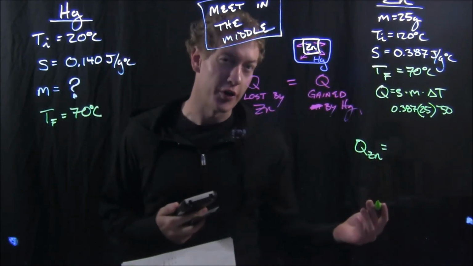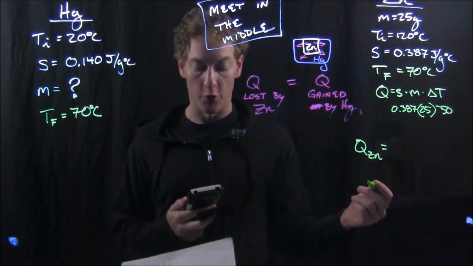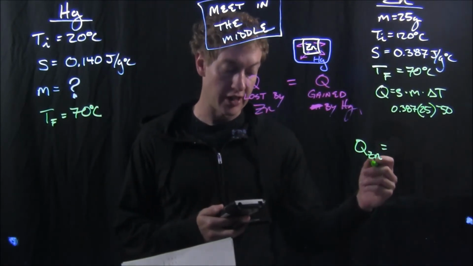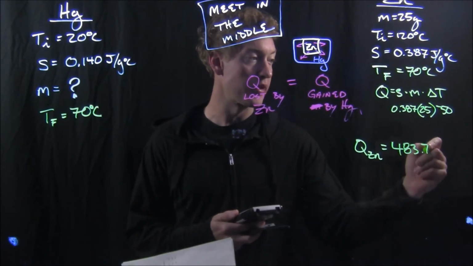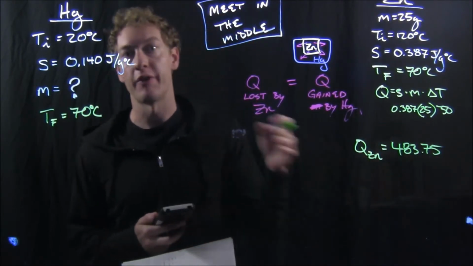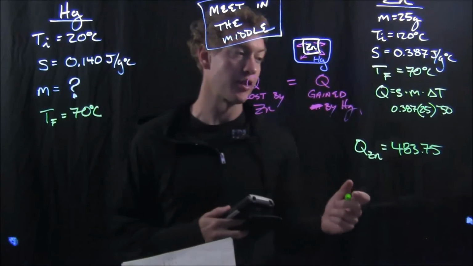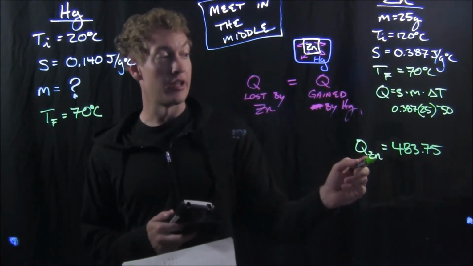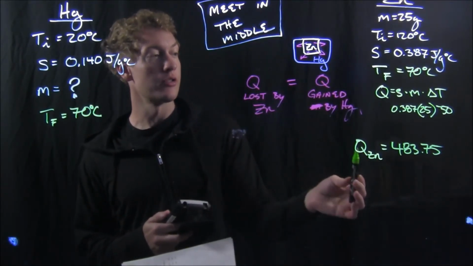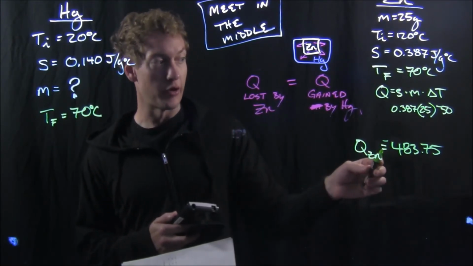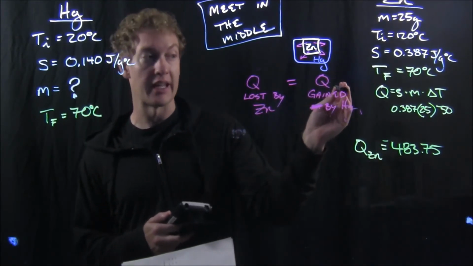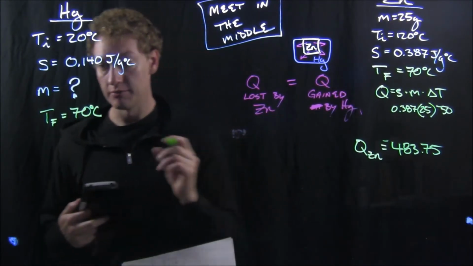483.75. If you wanted to round for sig figs now, you could call it 480. I'm going to go ahead and just keep it as 483.75, and I'll round my final answer when I get this mass over here. Then we had talked earlier, the amount that was lost by the zinc, so it's negative 483.75, is the amount that is gained by the mercury.